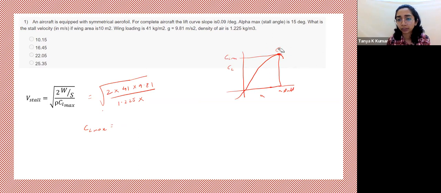How do you find out that point? They've given you the slope. You're assuming linear in nature. So our CL equation was CL naught plus CL alpha into alpha. In this case, CL naught is 0, right? So CL max will be CL naught, which is 0, plus CL alpha into alpha stall.